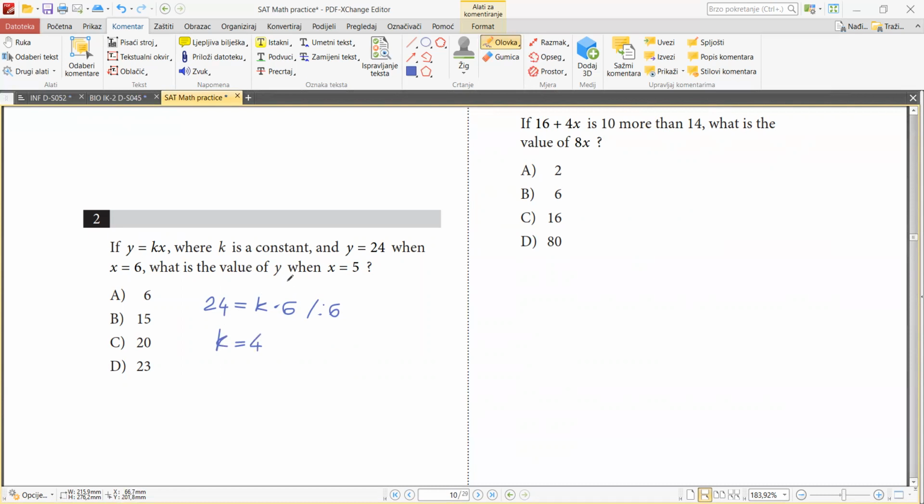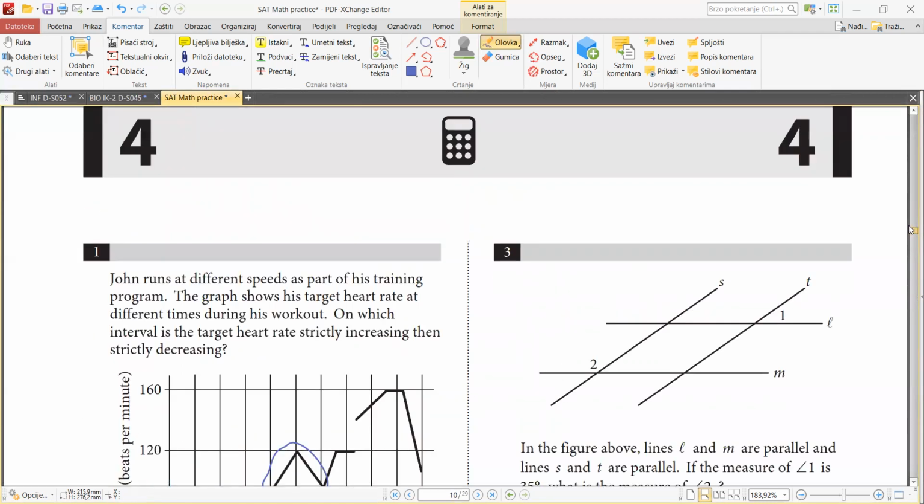What is the value of y when x equals 5? So y equals 4 times 5 in that case, and y equals 20. Our answer here is C.